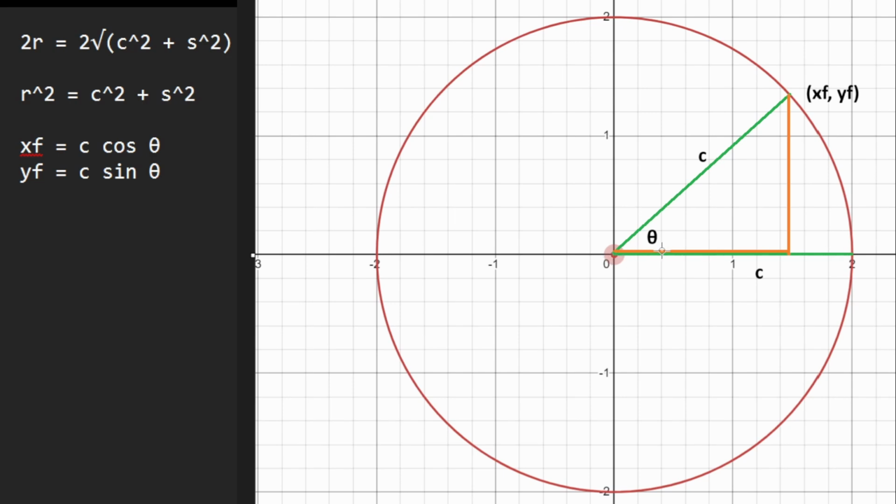So if I have a circle of radius c, and I pick a point which is angle theta around, then the x and y coordinates, which we'll call xf and yf here, so x focus and y focus, these coordinates are defined to be c times cos theta and c times sine theta. That's actually how you define the cosine and sine functions. And so that's basically all there is to it.